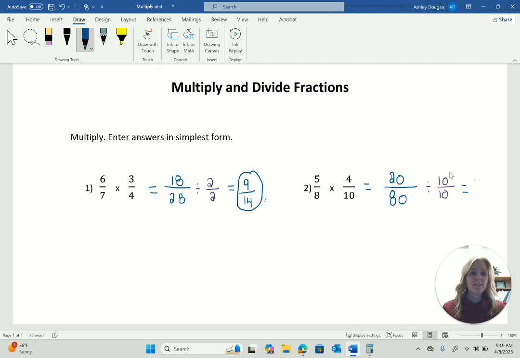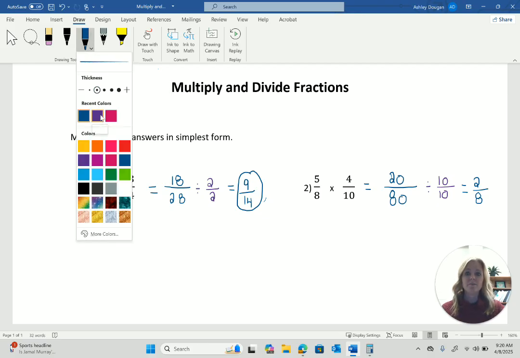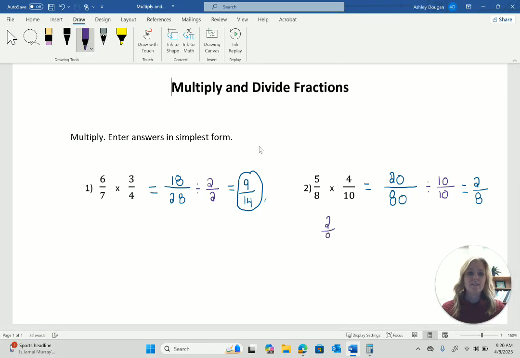So 20 divided by 10 is 2. 80 divided by 10 is 8. And I get the fraction 2 over 8. Now that's not in simplest form. They're both even, so I know I can at least divide it by 2. I need to keep going. So I'm going to come down here and say 2/8 divided by 2.